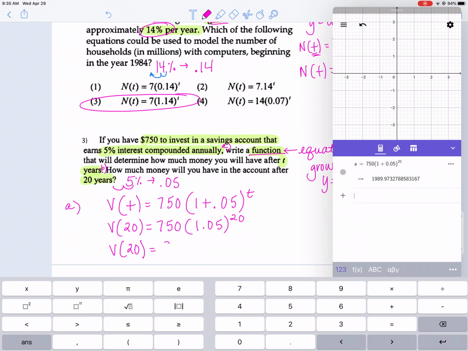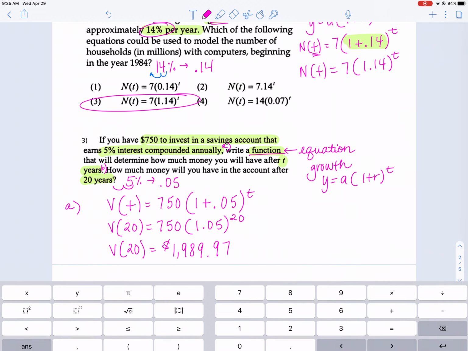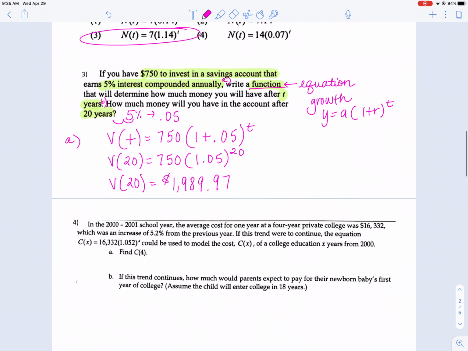So the value after 20 years is $1,989.97. It's 973. That 3 tells you to keep it a 7. Okay, so that was part B.